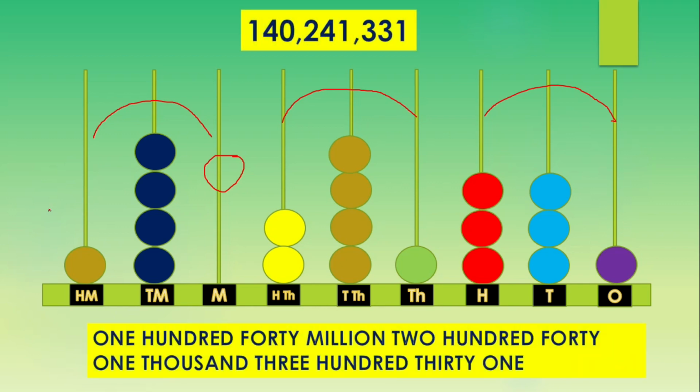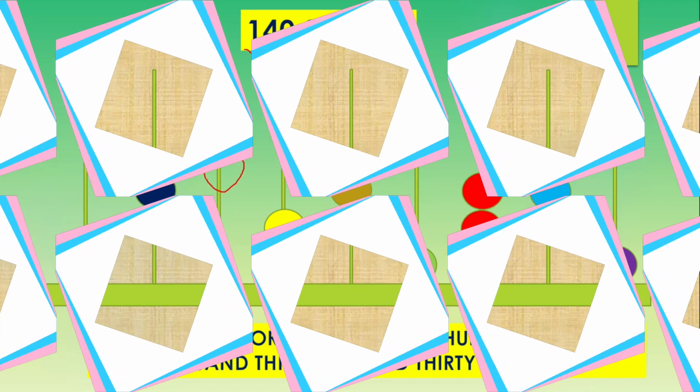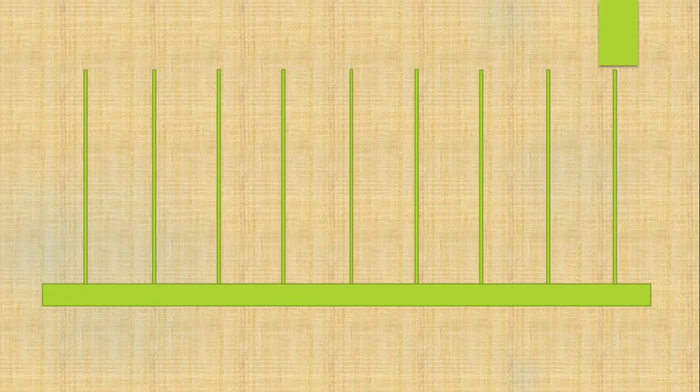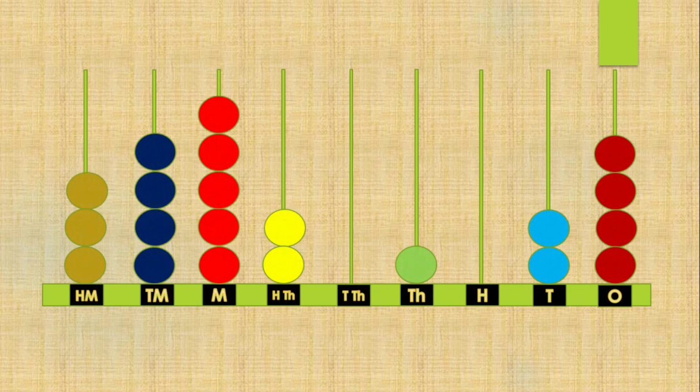The number shown here is 140 millions 241,331. And the thing to be noted here is, again the commas are after 3 digits. Let us have a look at one more example.